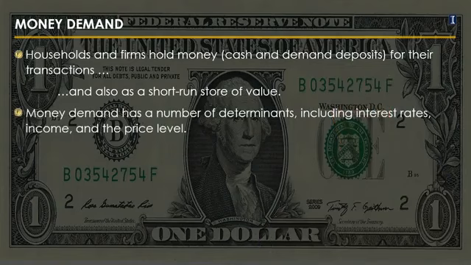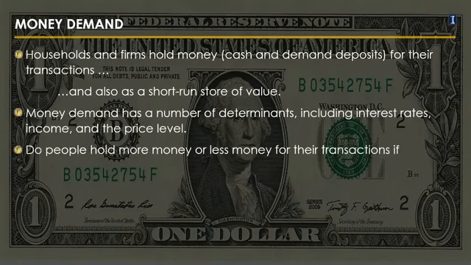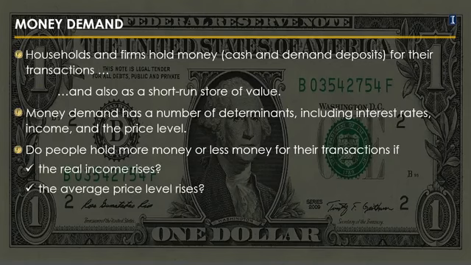Money demand has a number of determinants, including interest rates, income, and the price level. So let's think about how money demand, how much cash or demand deposit people would like to hold depending on the situation, depending on changes in the interest rate, in the real income rate, or in the price level.